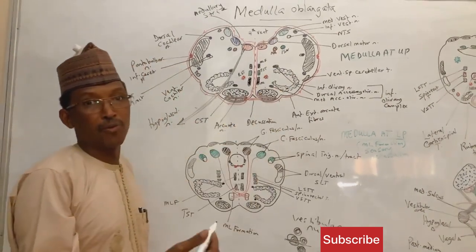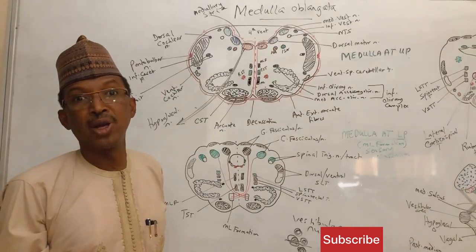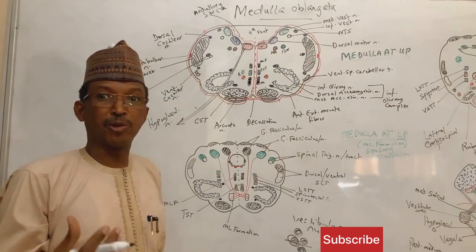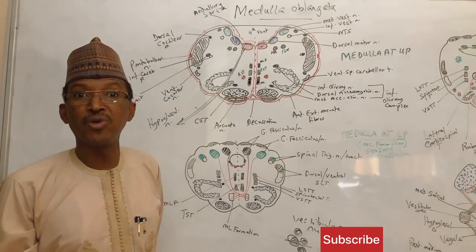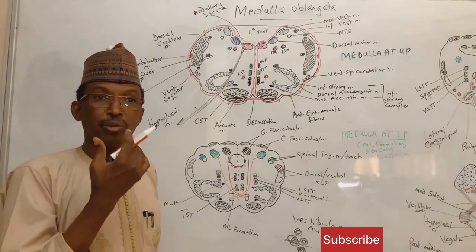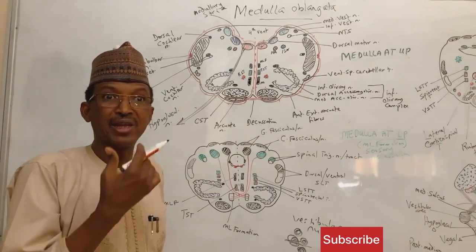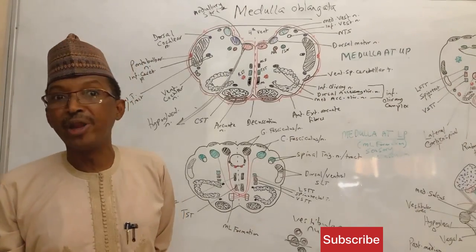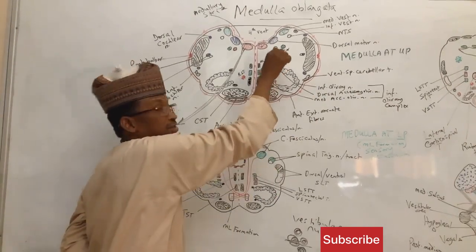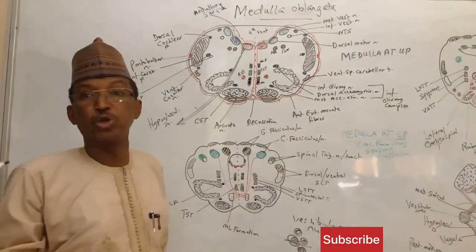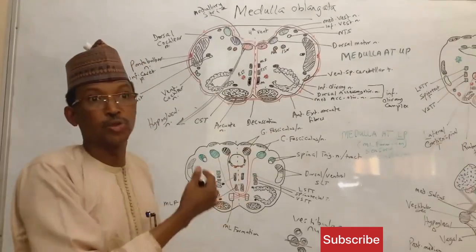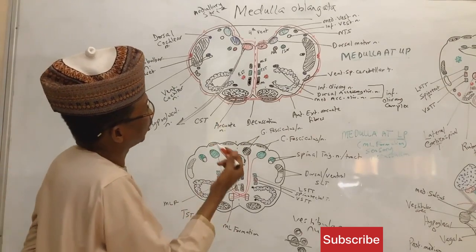Before, we also discussed the superior salivatory nucleus that we say is parasympathetic, responsible for the secretomotor function of the nasal mucosal glands, lacrimal gland, the palatine glands, and the sublingual and submandibular. So the inferior salivatory nucleus is parasympathetic to the parotid gland. So it's the only gland that is related to this inferior salivatory nucleus.